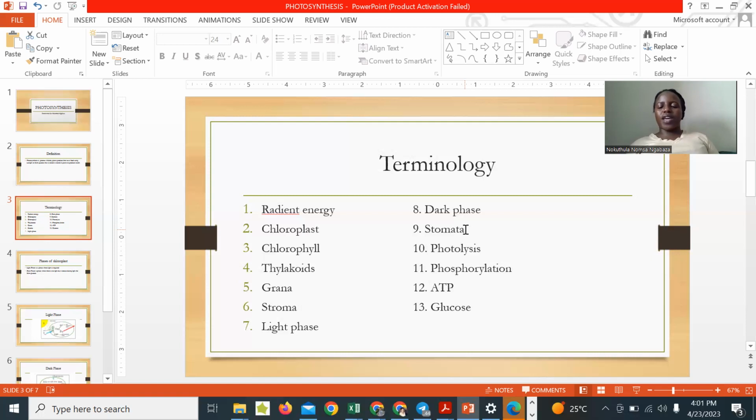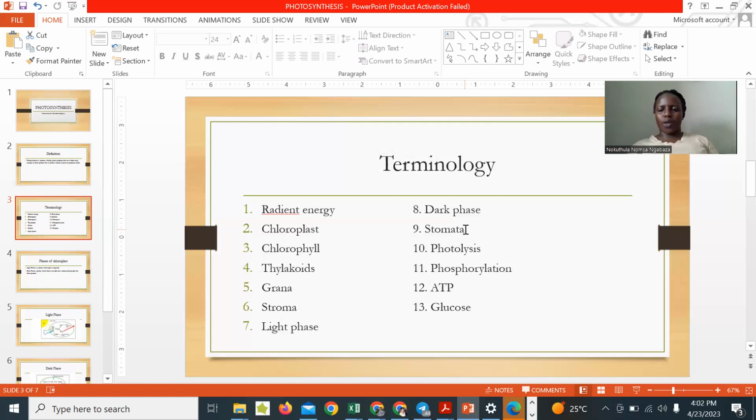The next term that we have there is called photolysis, right? Photolysis means to split or to separate. So, for example, we know that when it comes to water, its chemical formula is H2O, correct? Those are two elements that have been joined together, right?